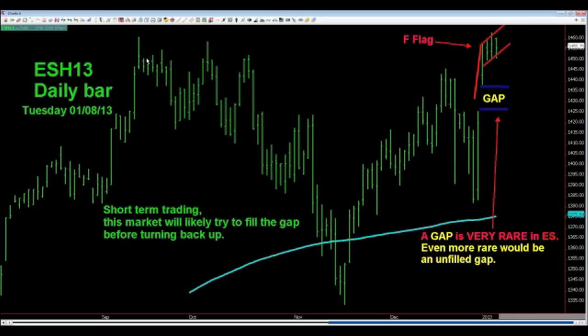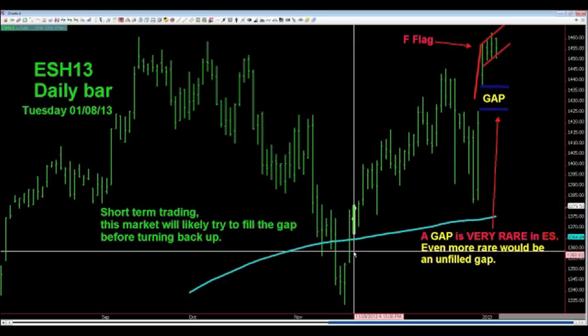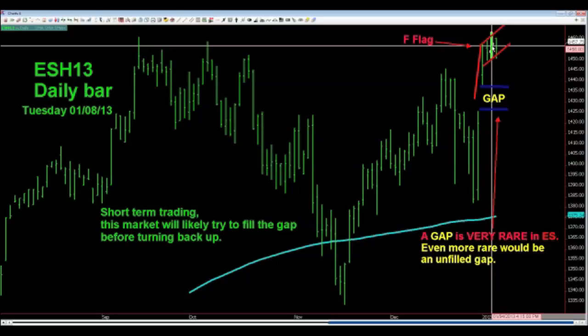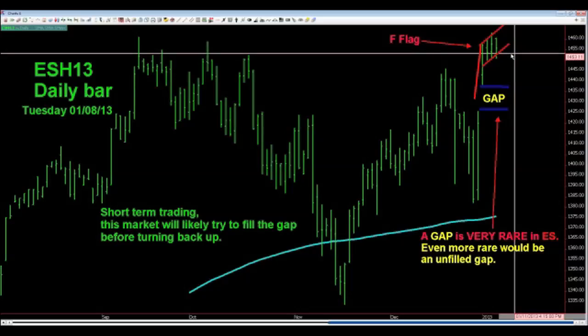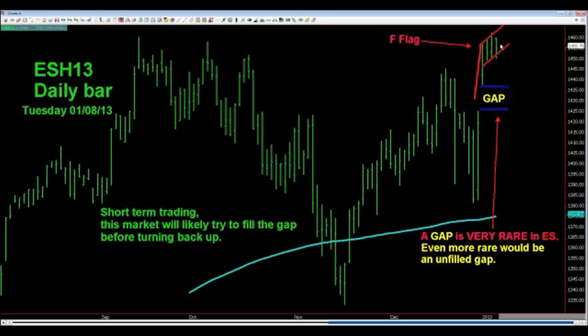Traders, what you're looking at is the emini daily bar chart, the ESH13, so the emini S&P daily bar. What you are looking at up here is what I like to call an F flag. That usually is a market or a formation that will work its way higher for days, if not weeks on end, before finally caving in.